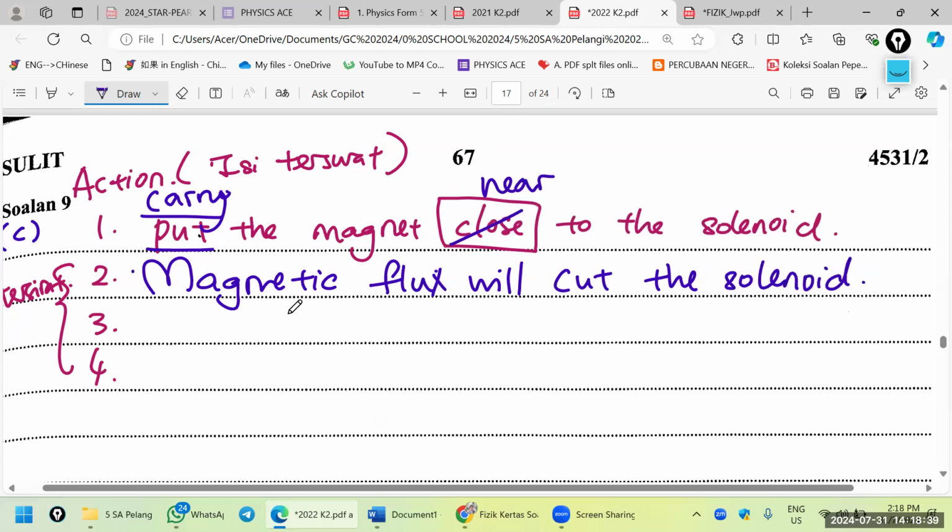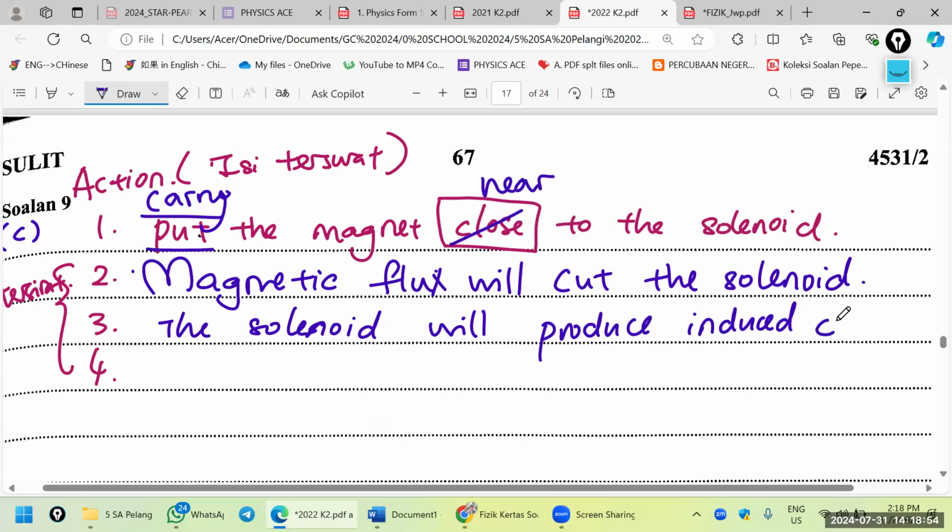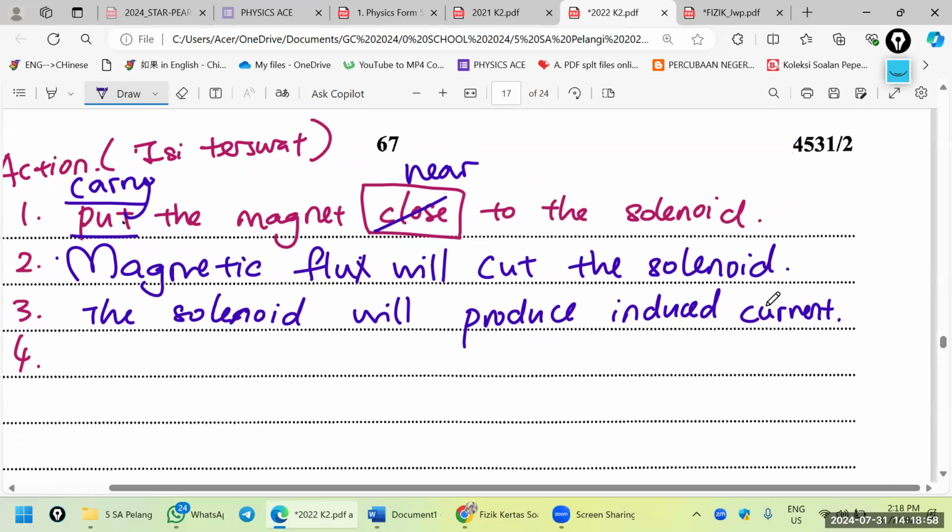So when solenoid is cut, the solenoid will produce induced, can I say current? Why not?